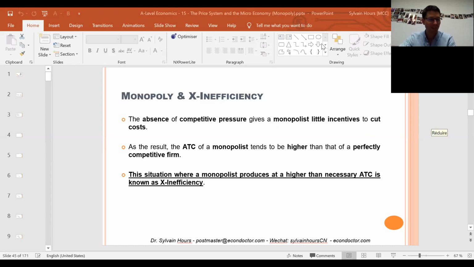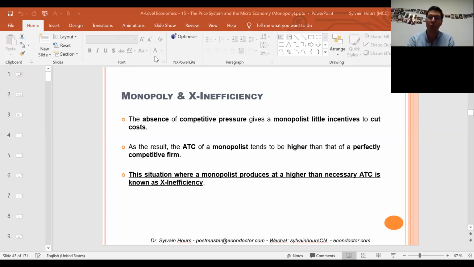Are you ready? Let's talk about X-inefficiency, which is one limitation or one disadvantage of having businesses that have a market power. So this is true in a monopoly market, but more generally speaking, this is true in any market structure in which firms have some degree of market power.